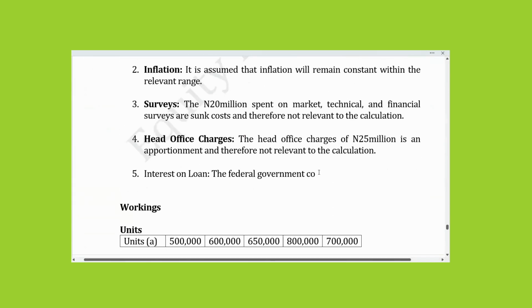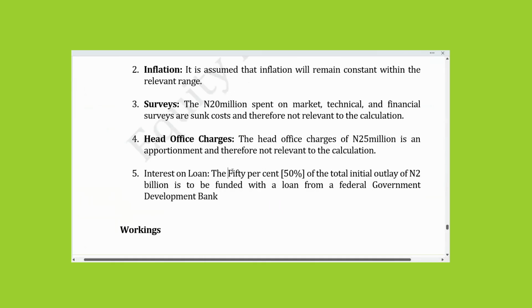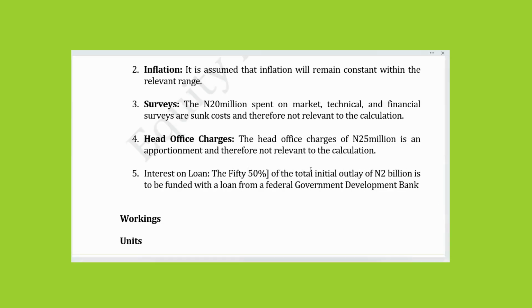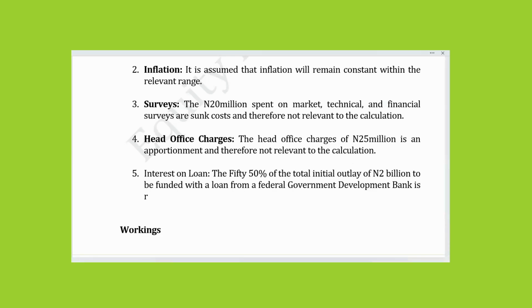I would say the 50% of the total initial outlay of 2 billion naira to be funded with a loan from the Federal Government Development Bank is irrelevant to the calculation, and therefore ignored.